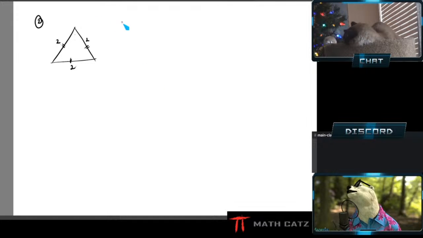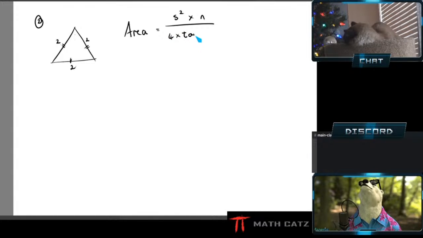But this formula allows me to not care about that. It doesn't require that I know the height in my half times base times height formula. Sorry, I'm writing and speaking different things. It's hard. It's a different formula to find the area of this triangle. But again, I do have options.